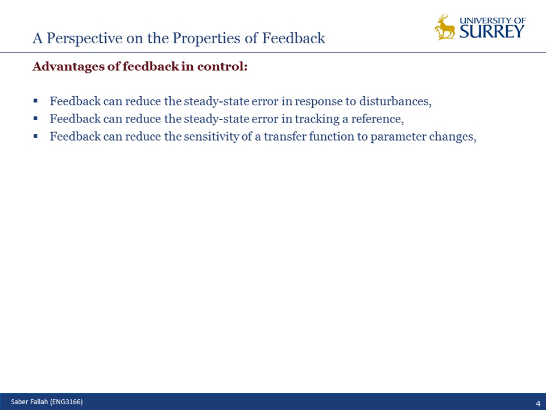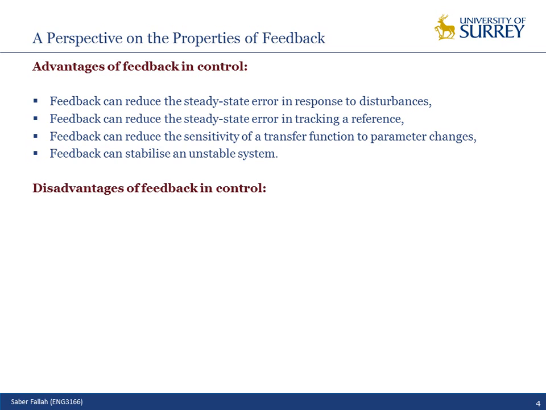These two, the disturbance and the tracking, relate to the steady state error. The third one is the sensitivity or robustness of the system. And the fourth one, feedback can stabilize an unstable system. I hope you didn't look at your lecture notes to answer this. My assumption is that you didn't. Let me be positive. Okay, what are the disadvantages?